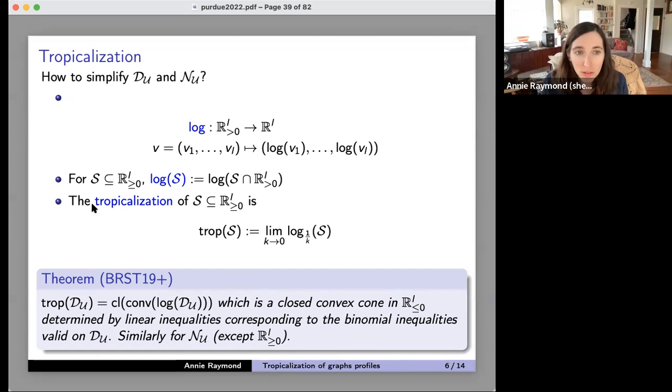And the limit is there so that you have certain nice properties in terms of transforming your addition into max and your multiplication into addition. You get all of these nice properties from being in the limit. If you didn't have the limit, there are many things that wouldn't work out.